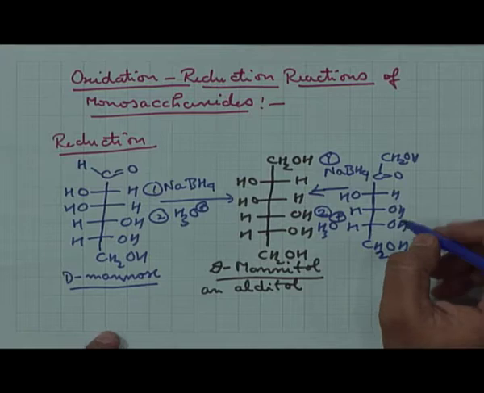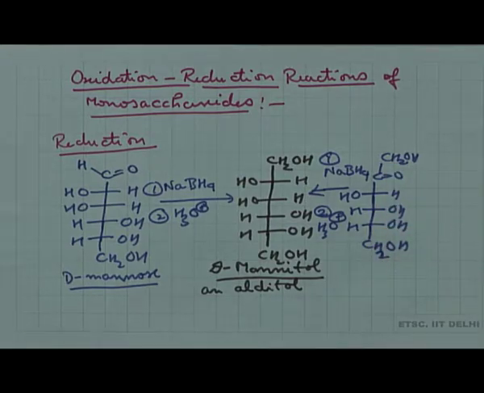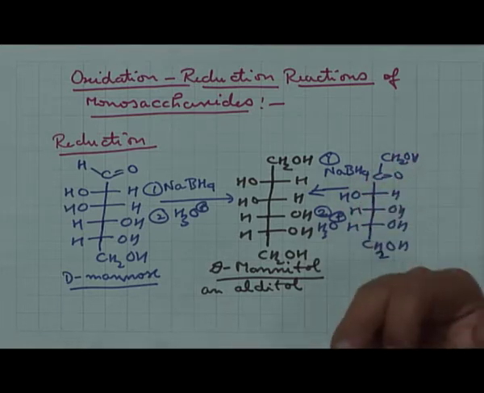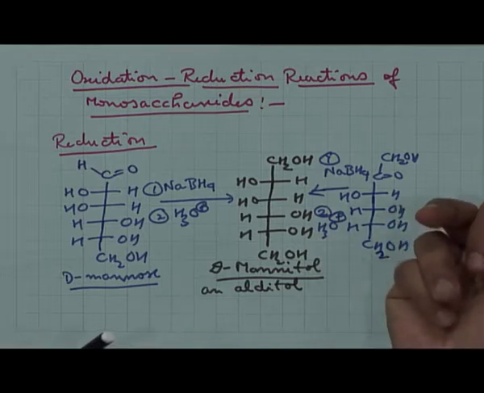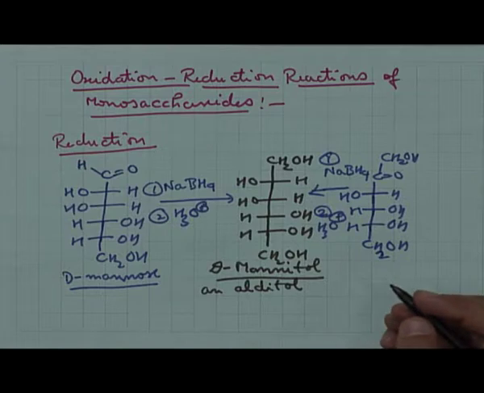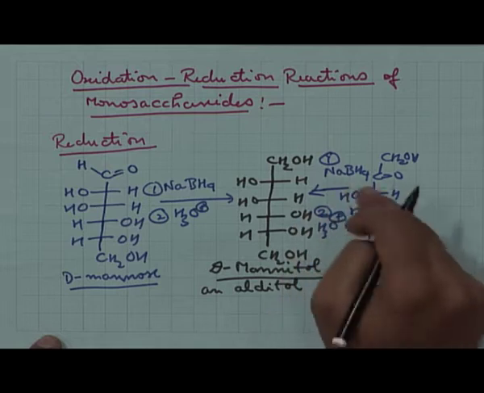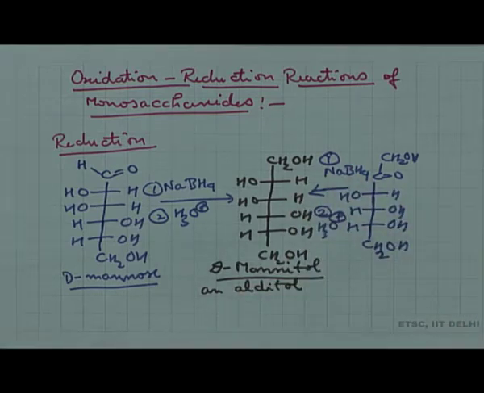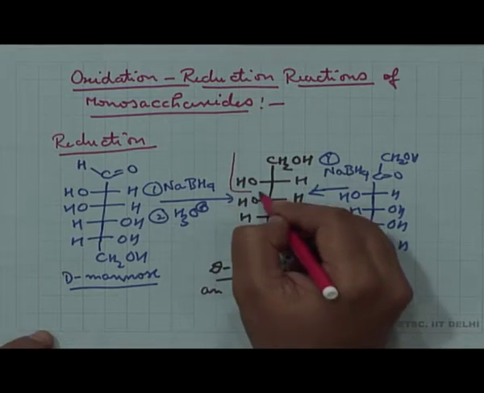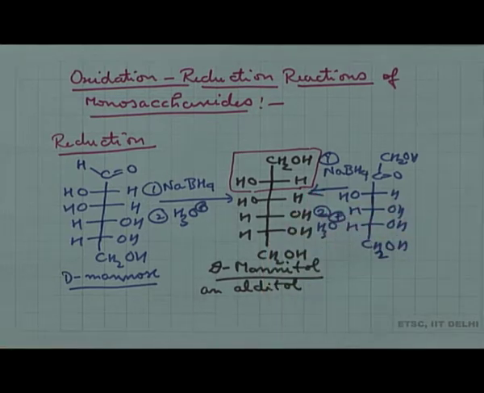Now, since this carbonyl can get attacked from the top face by the hydride ion, or it can get attacked from the bottom face. If it gets attacked from the bottom face, then it will give glucitol, but if it gets attacked from the top face, then it will give mannitol. It will generate two stereoisomers.